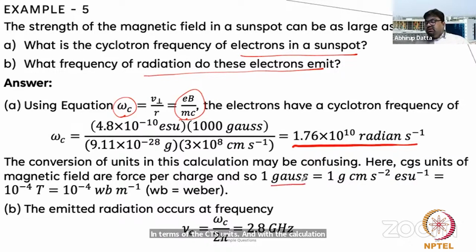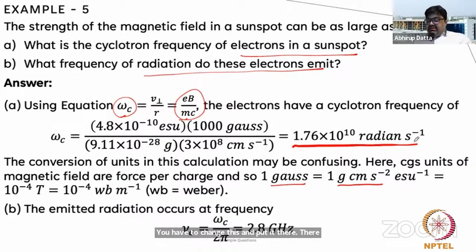So one Gauss in its more fundamental units is gram centimeter per second ESU inverse. If you put that from Coulomb's law, and then finally you have these changes, you put it there, and you finally get the frequency in radians per second.